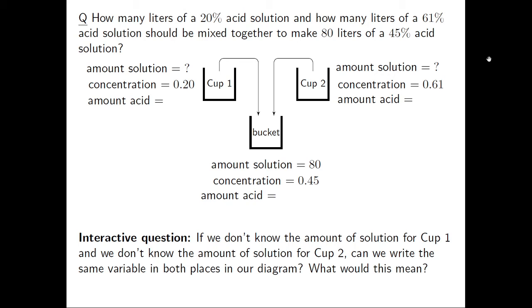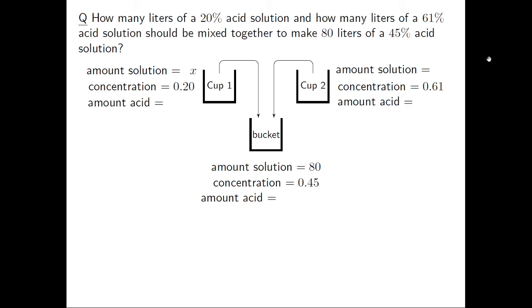What would this mean? It would be much safer to use one variable, let's say x, for the amount of solution for cup 1 and use the variable y as the amount of solution for cup 2.